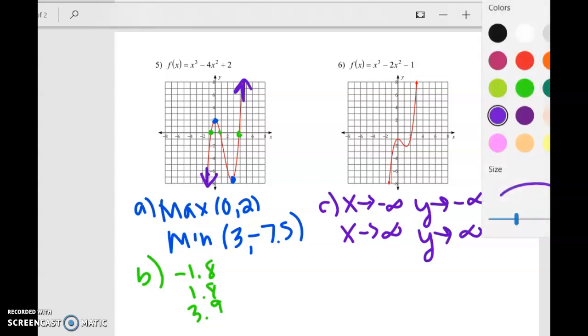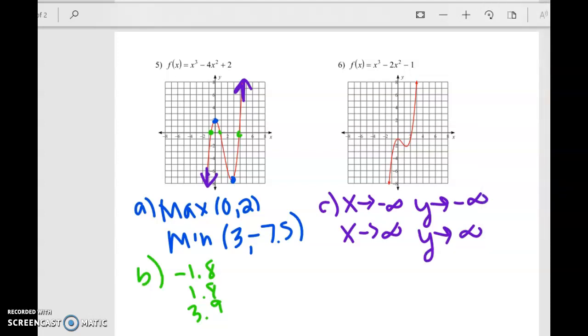And then last, my intervals of increasing, decreasing. These are all X values. So if you look, as I come in from the left, I begin by going up. This function is increasing until I get to this maximum. So from negative infinity until X is 0, I'm increasing.